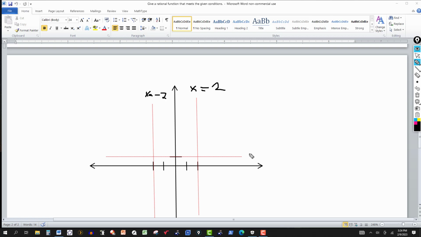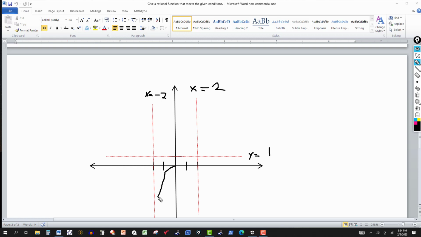Then we have the horizontal y equal to 1. And I've gone through some videos before on the procedure. We have an x and y intercept here.